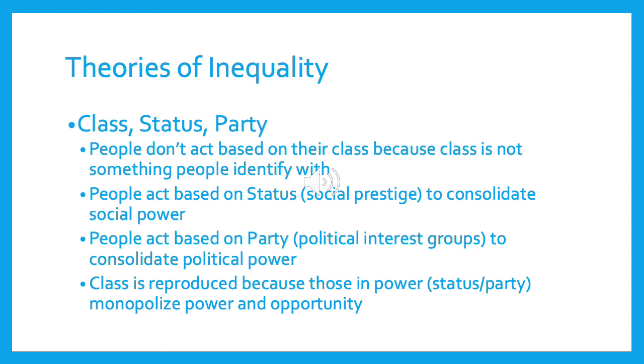He describes class as something that can be used to group people, but that is merely categorical. So he says that people don't act based on their class interests because class isn't something we identify with. It's not something we think about. He says instead, people will act based on their status and their party.